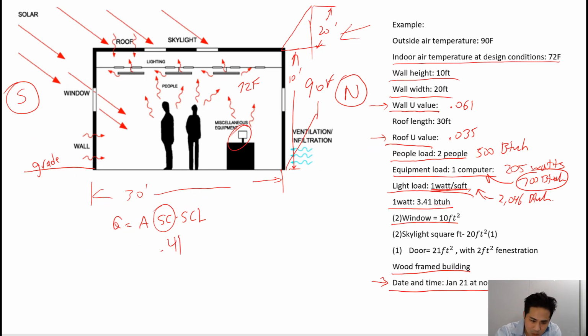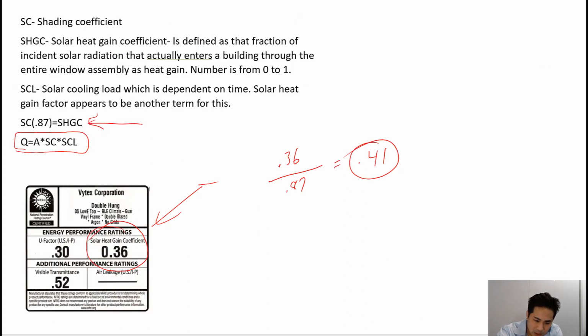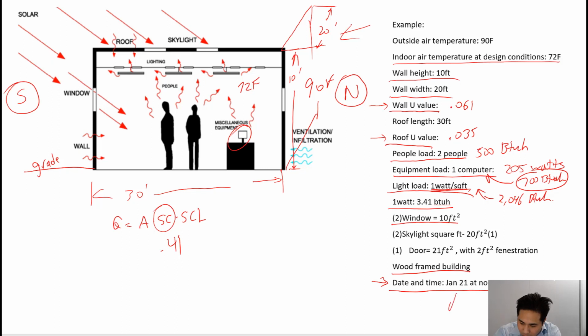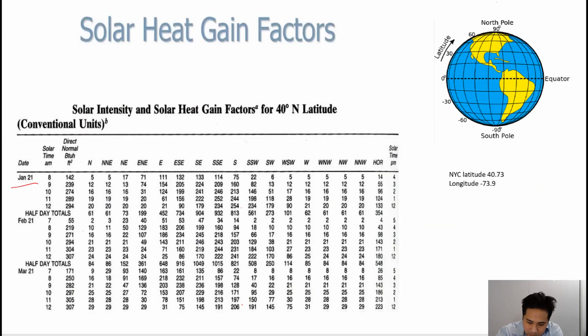Now the SCL value is the same as the solar heat gain factor, right? So at January 21 at noon, these are the values we're using right here. And the south side will be 254.